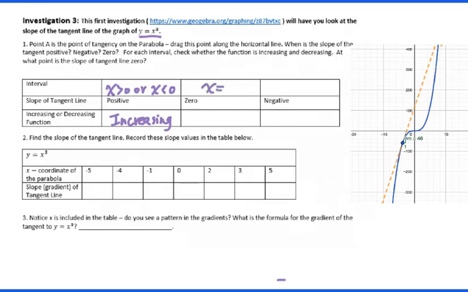When x equals 0, the slope of a tangent line equals 0. But this point (0, 0) on the graph is not minimum, it's not the maximum. We call this point a stationary inflection.